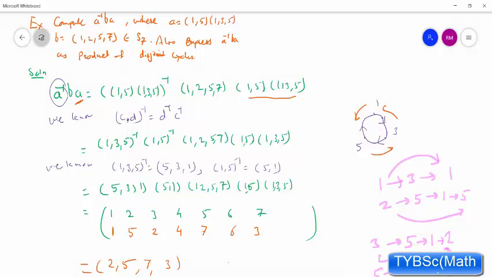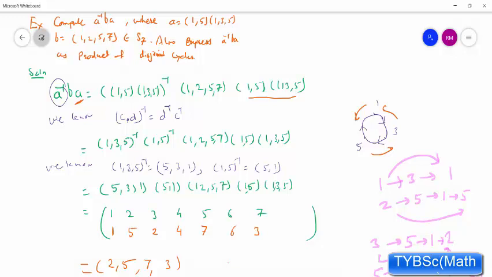So write in cycle form. 1 goes to 1, so we need not write it, or if you want we can write it like this, or for 4 also we can write 4 in circular brackets, and 6 in circular brackets, but no need to write.